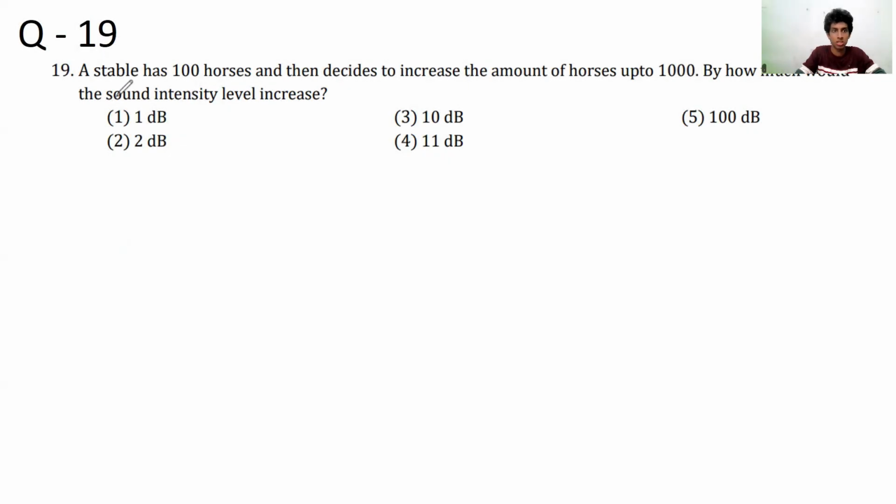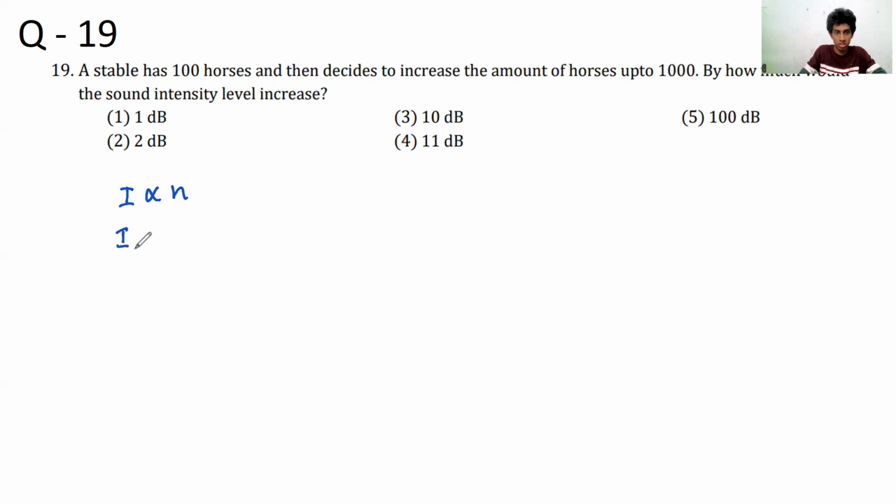Question number 19. A stable has 100 horses and then decides to increase the amount of horses up to 1000. By how much would the sound intensity level increase? So first of all, we should find by how many times the sound intensity is increased. So the sound intensity is directly proportional to the number of horses.